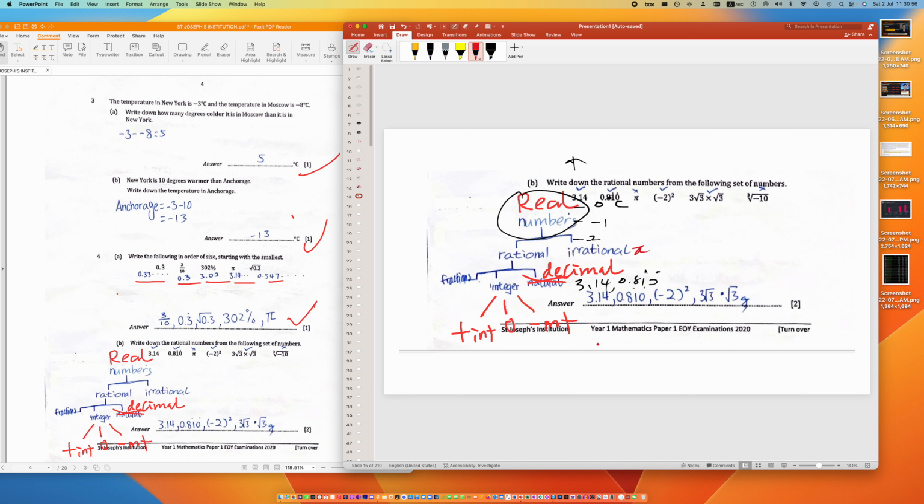Irrational, right? Then this one, what do you get? The 4, right? If you punch the calculator, you get 4. 4 is under integer, so positive integer. Okay, so this one is 9, right? Yep.